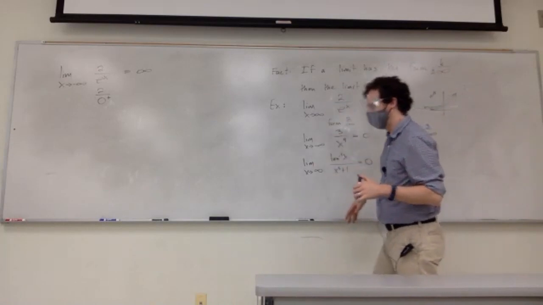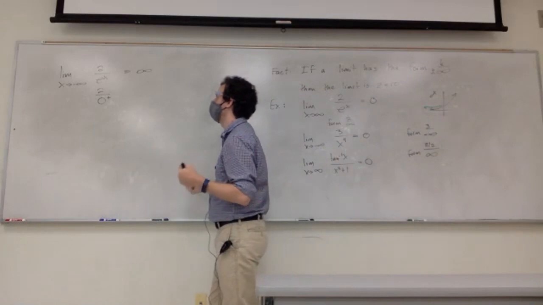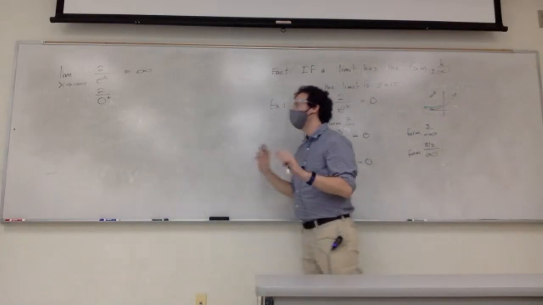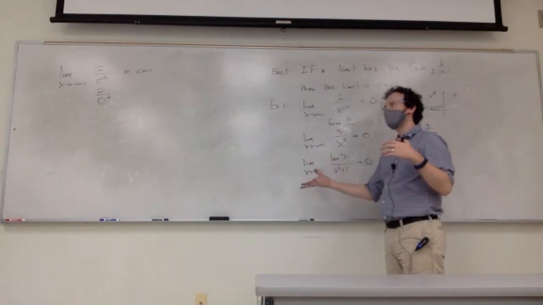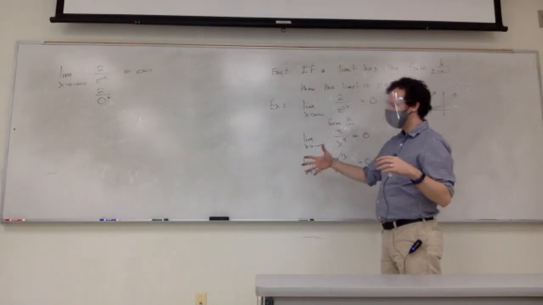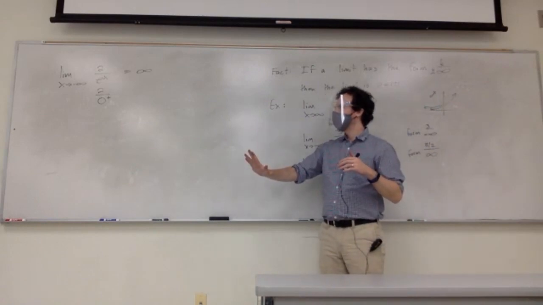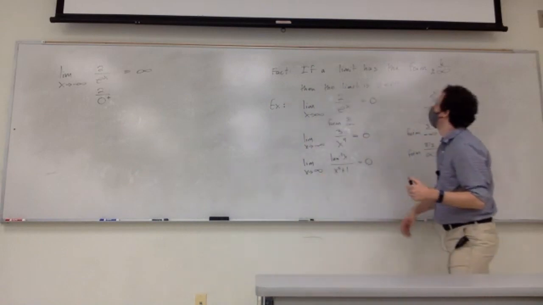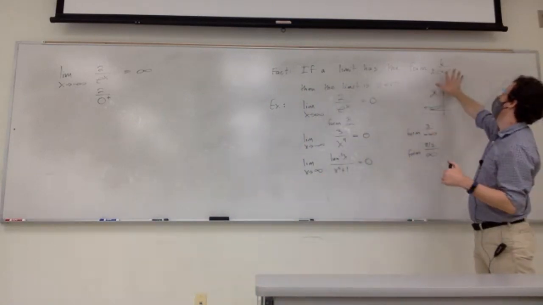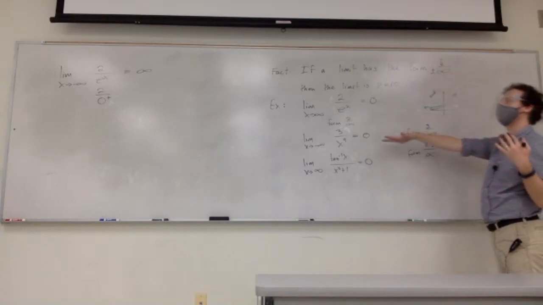So what you want to start training yourself to do is identifying these forms, these things which aren't numbers, but you see them, and that says, okay, if I see this, then these are the next steps that I have to take. This kind of form, a number over infinity, is nice because it's 0 and you're done.